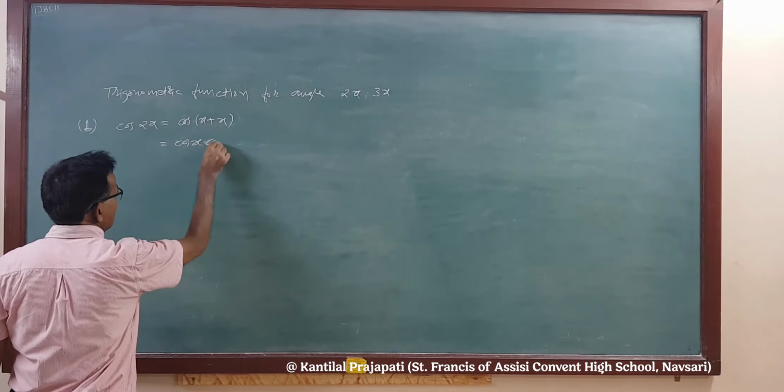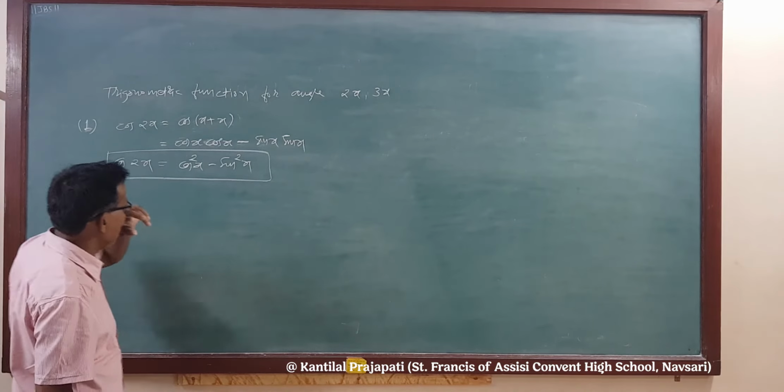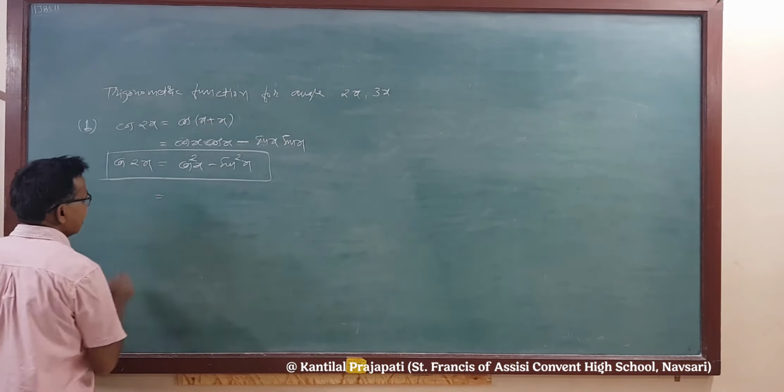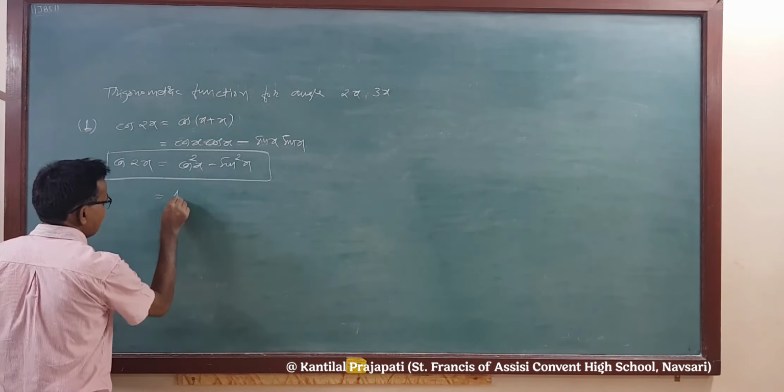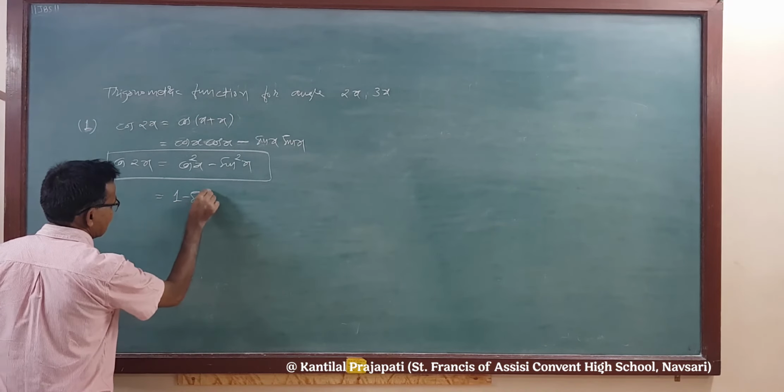We convert this into sin square by using the identity, and this sin square into cos square, that is cos 2x can be expressed in terms of cos only, and cos 2x can be expressed in terms of sin x only. So we apply the identity. What is cos square x? It is 1 minus sin square x.